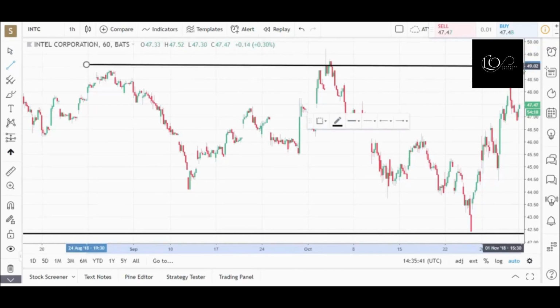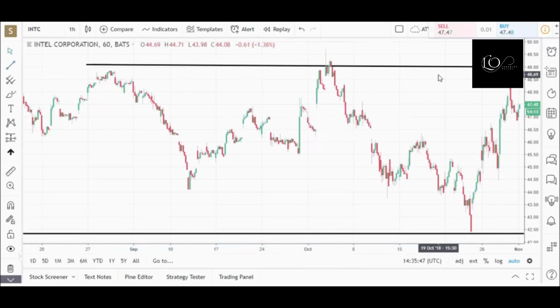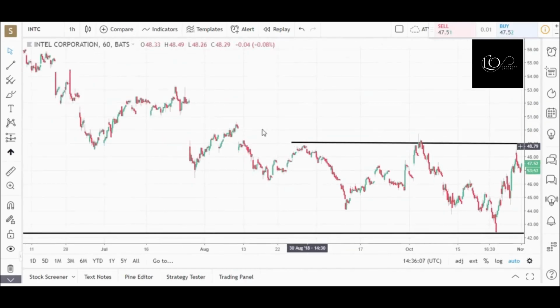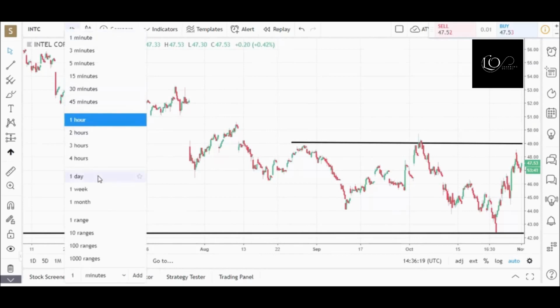Right around 49 is our resistance level, and our support level remains here just above 42. This is our major support level. If we zoom out, we'll see that this is a minor resistance level. And we'll go back to a daily chart.